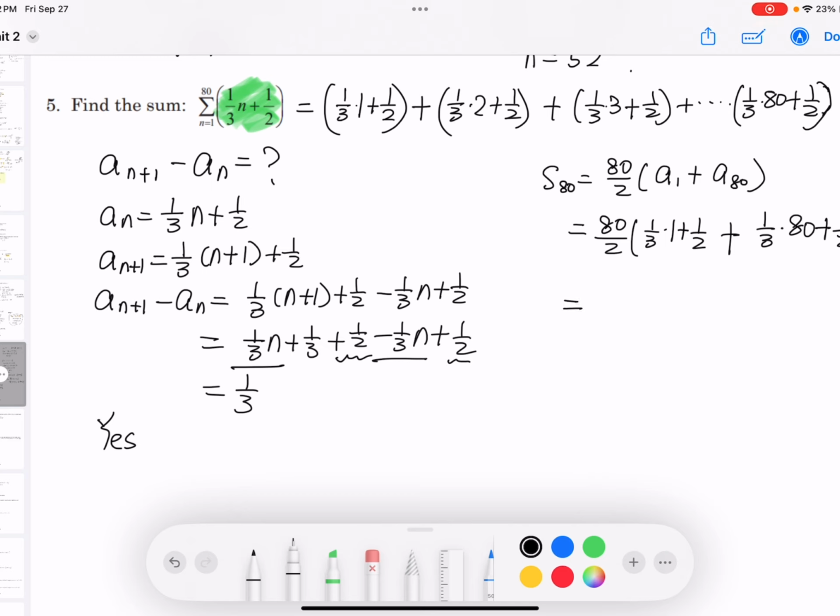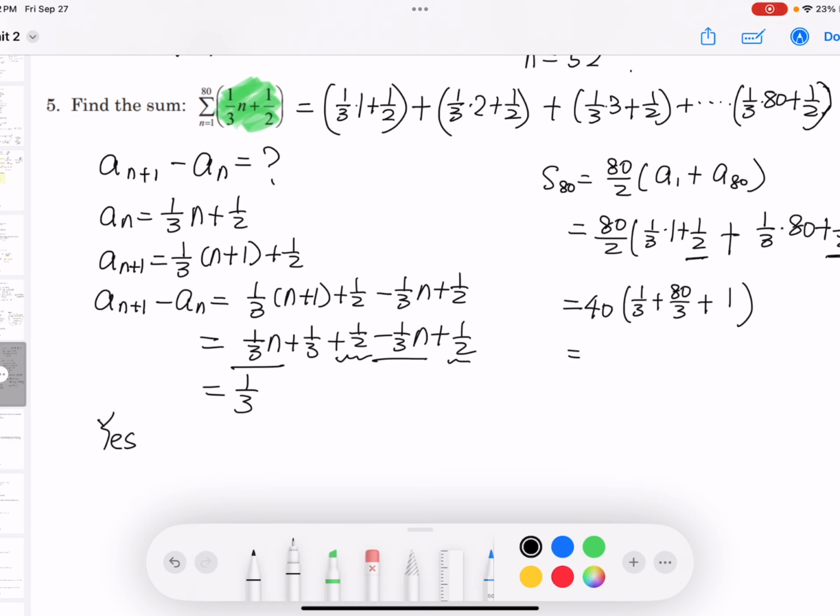We can do the computation. 80 divided by 2 is 40. And then we have 1/2 plus 1/2, which is 1, and 1/3 plus 80 over 3.